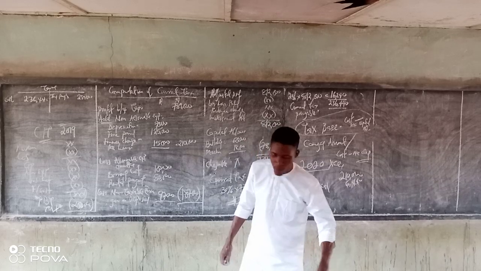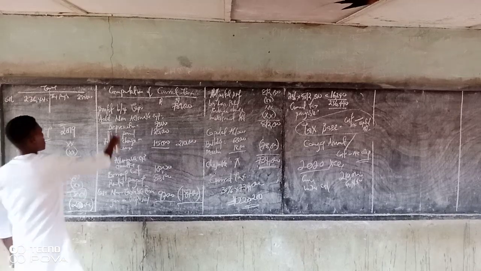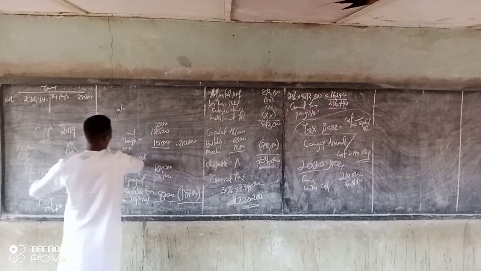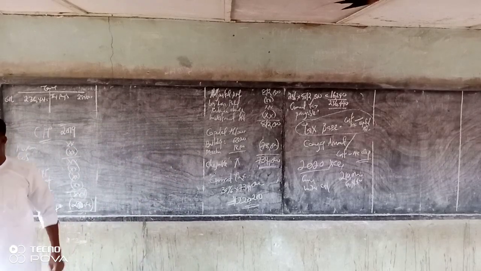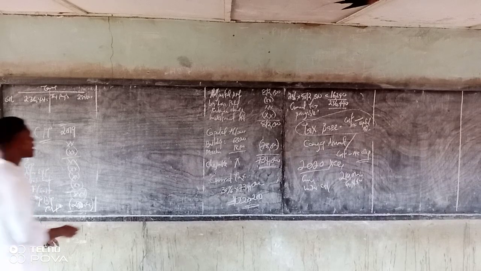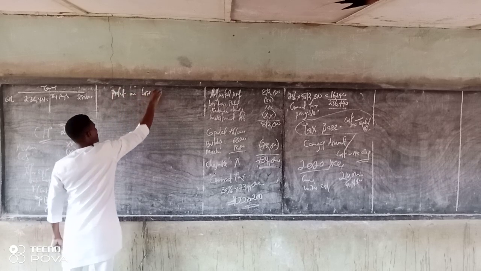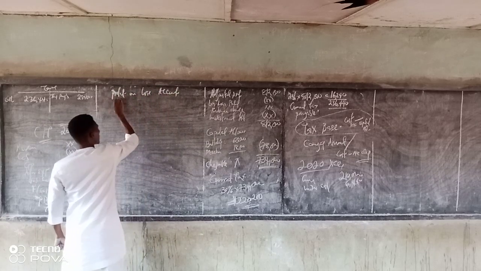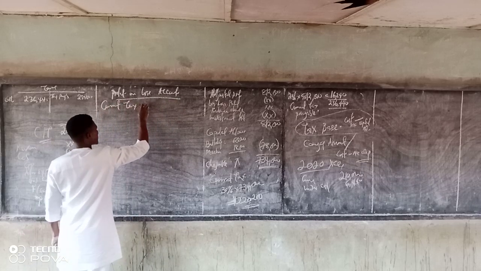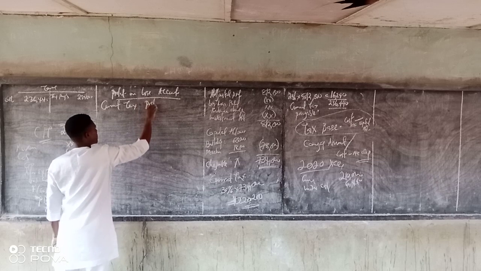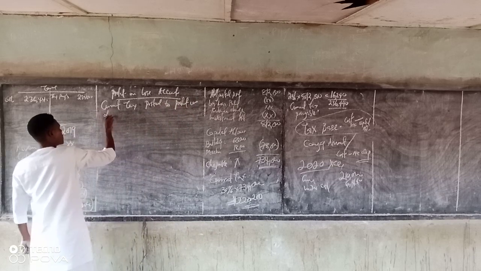Now there are two things. Let me quickly say something about tax. For the purpose of accounting, for the purpose of financial statements, the current tax is posted to profit or loss.